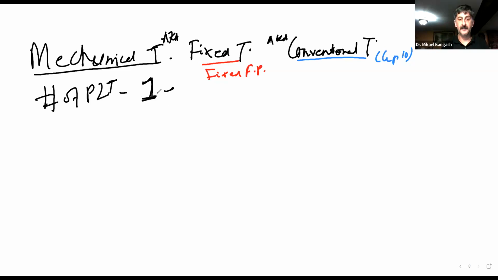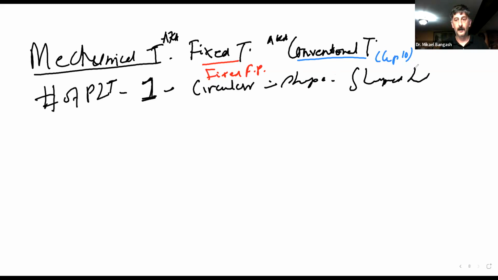And ladies, that PCT is going to be circular in shape, or shaped like a coin. Did that make sense?